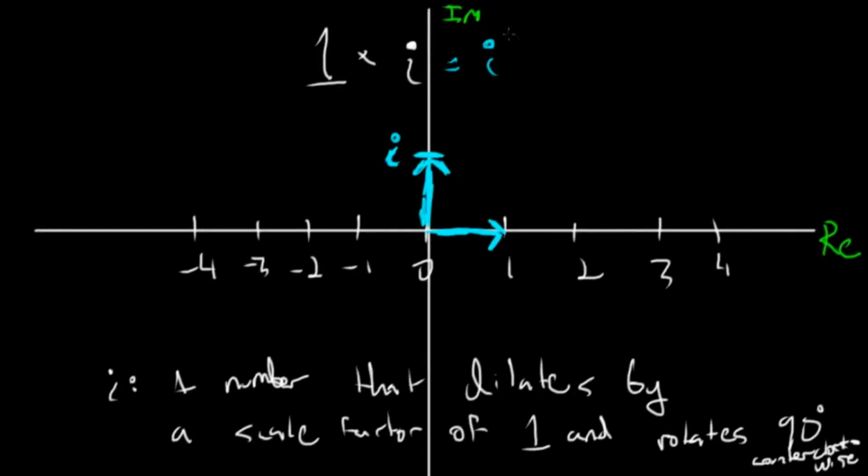But these have a function. They're not made up. They have a real application in mathematics. So multiplying the number 1 by i gives you i, which is 90 degrees counterclockwise from 1. We are now in the complex plane.